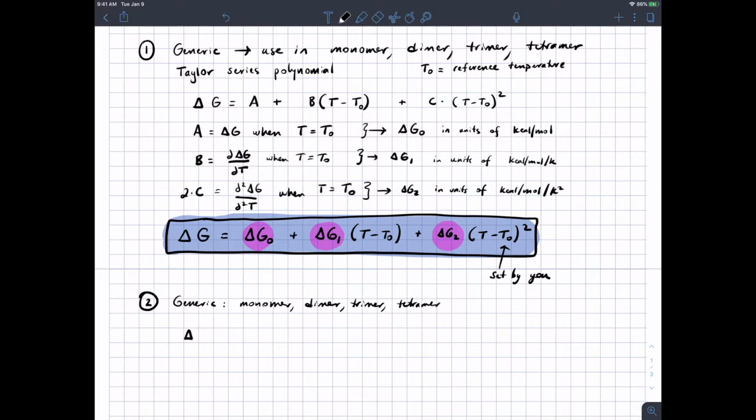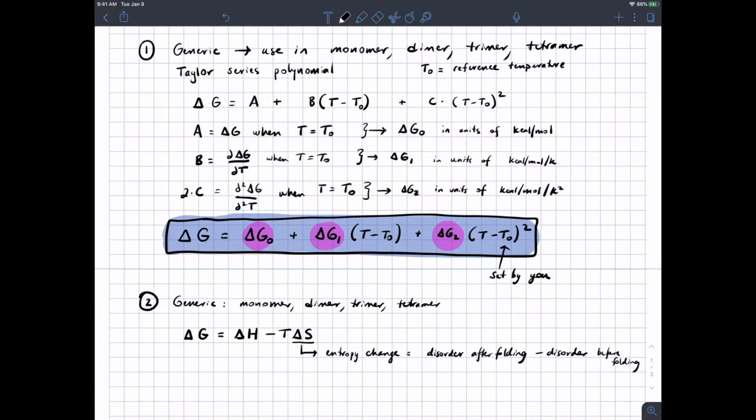And this is based on the definition that delta G is equal to the change in enthalpy minus temperature times the change in entropy. All right, so the entropy change for folding is going to be equal to disorder of the system after folding minus disorder of the system before folding.